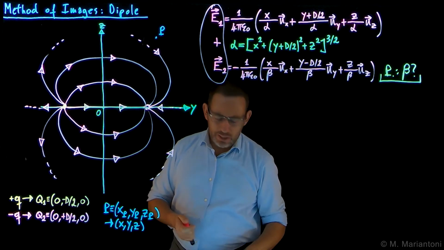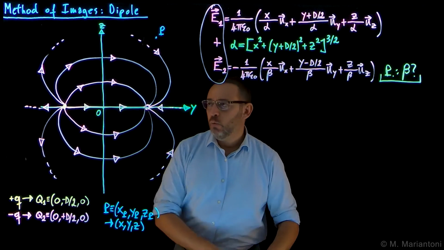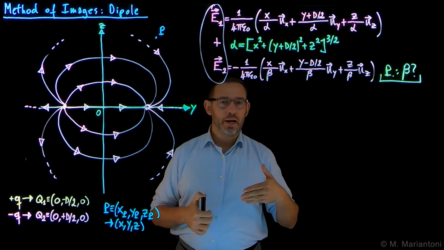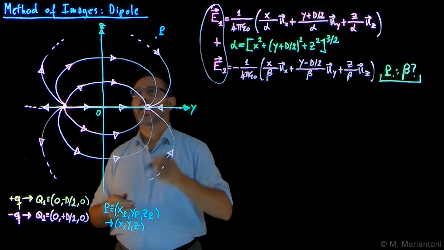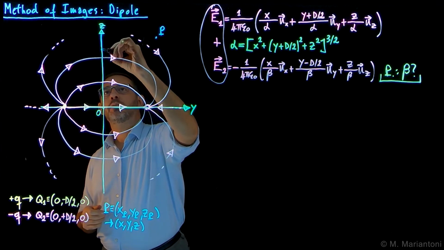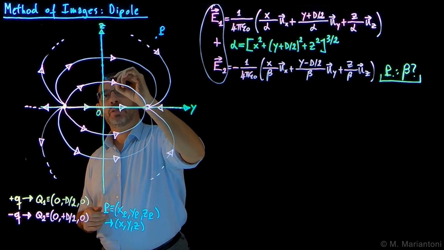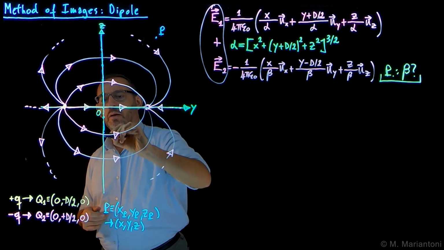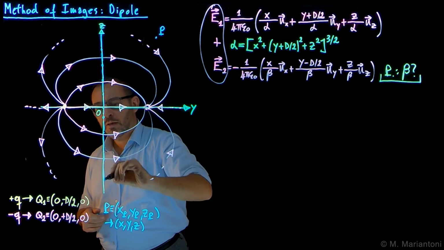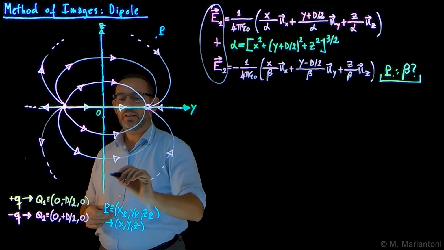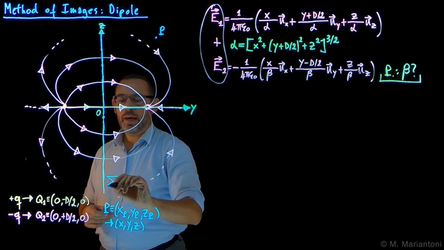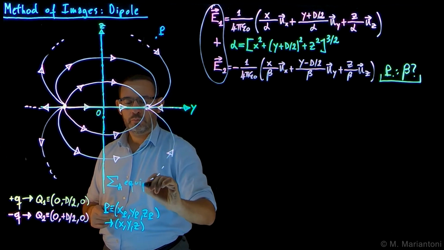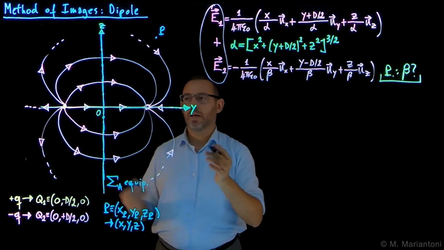And so what about the equipotential surfaces? Well, the equipotential surfaces are very simple to sketch here because they need to be normal at each point of the field line. So for example, this z-axis here, we call it capital sigma A. This is an equipotential surface, okay, for this problem.